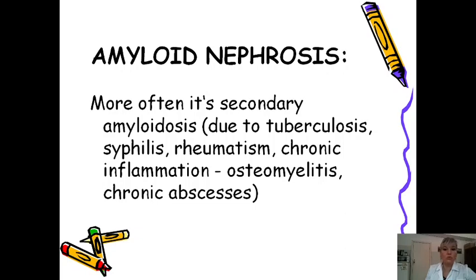For example, tuberculosis with destruction, syphilis with destruction, rheumatic diseases, chronic inflammation, chronic abscesses, or as an example, chronic osteomyelitis. All those diseases can lead to amyloid nephrosis, accumulation of abnormal protein in the glomeruli.